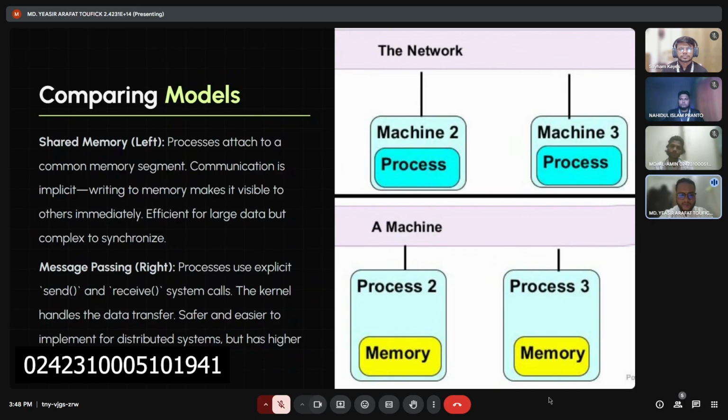But as I mentioned, the complexity lies in the synchronization to avoid corruption. Message passing, on the right, uses the kernel as an intermediary. Process A sends a message to the kernel, and the kernel hands it to process B. This is the standard for distributed systems because it does not rely on shared variables, making it ideal for communication between different computers.